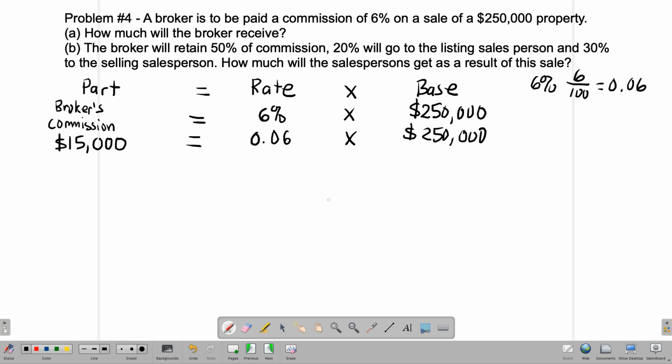And this is what we wanted to show for part A. All right, so let's erase that and prepare for the second part.